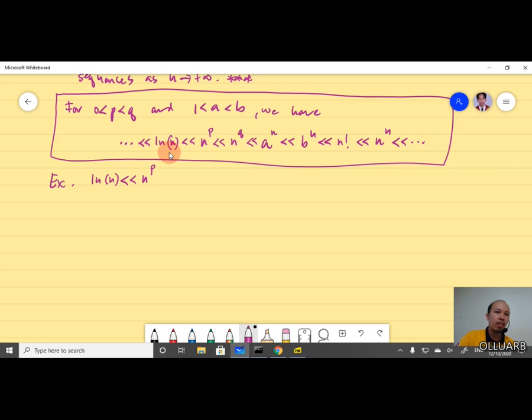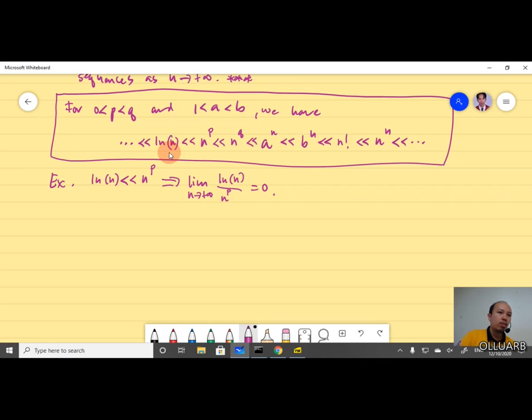This means to say that based on the definition, the limit of ln of n over n to the p as n approaches positive infinity is 0.